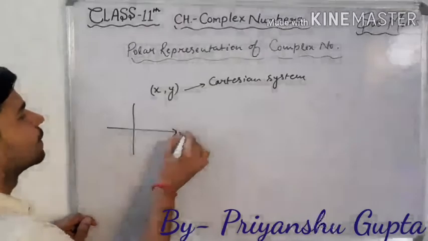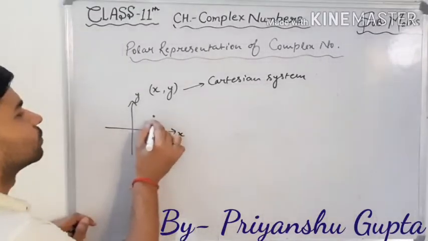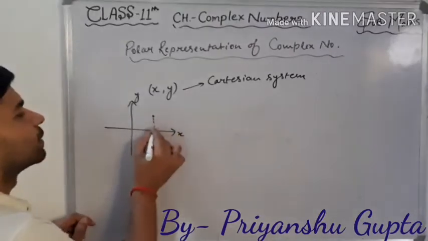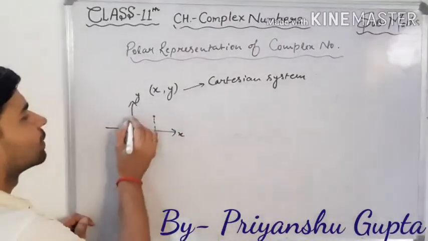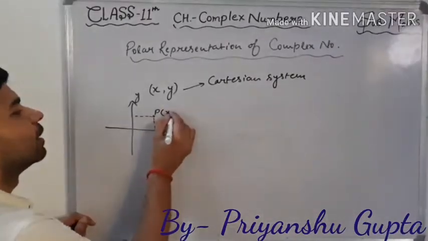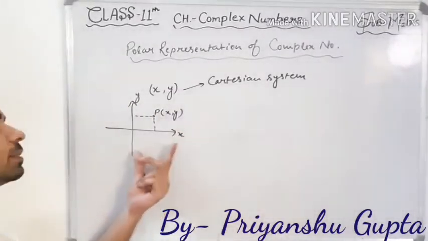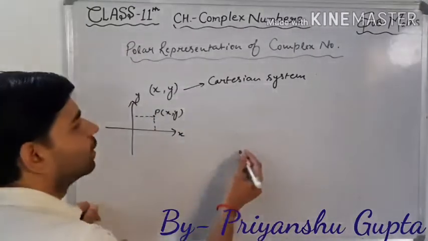This is the x-axis, this is the y-axis, and this is a point which is x distance from the y-axis and y distance from the x-axis, and its coordinates are x comma y. This is the Cartesian system.